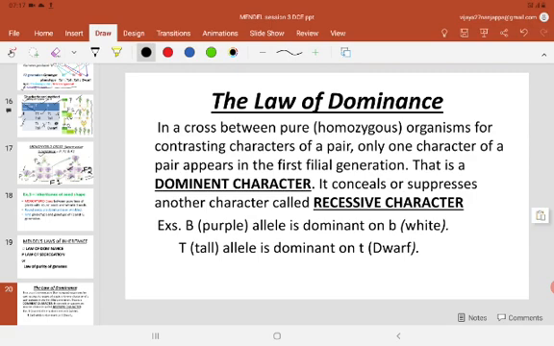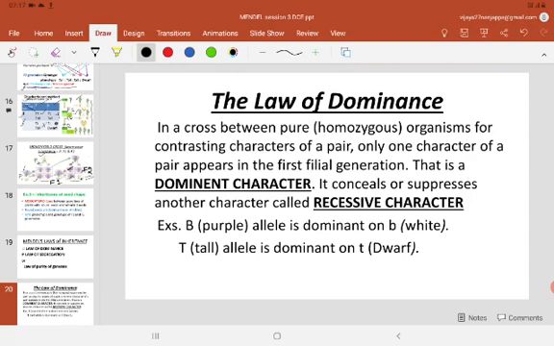In the cross between homozygous organisms for contrasting characters of a pair, only one of the characters of the pair appears in the first filial generation. The character which appears in the F1 is called the dominant character, and it conceals or suppresses the other character, that is the recessive character. In the first example, I think you remember, the capital T suppresses the expression of the small t, which is the dwarf character.